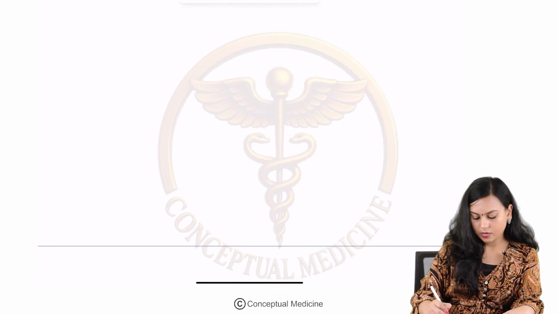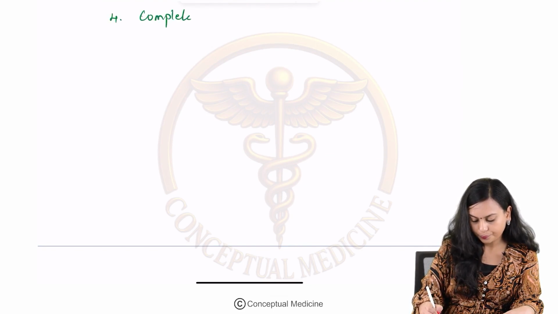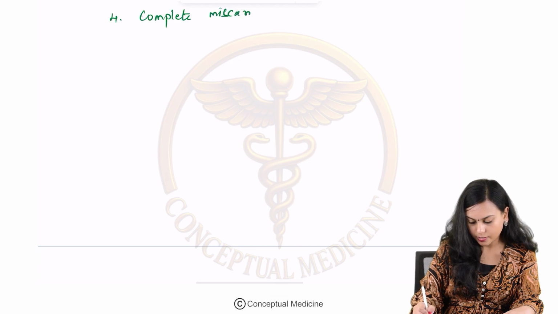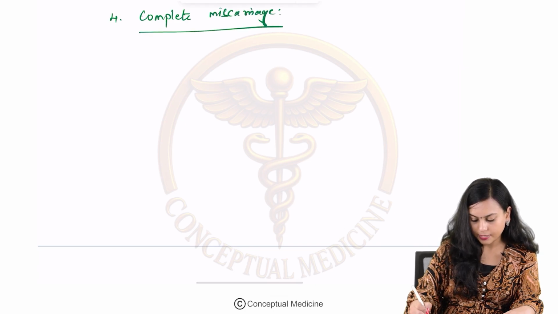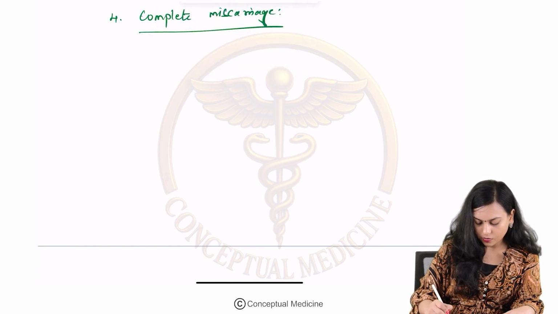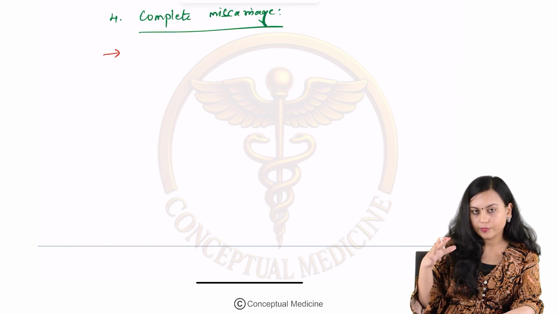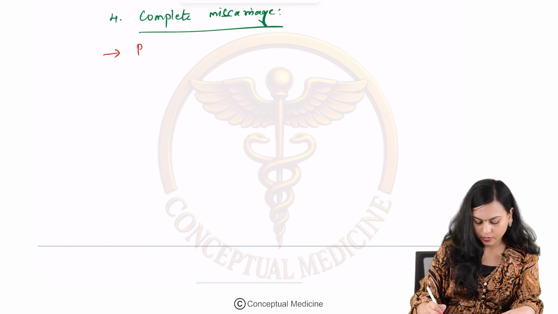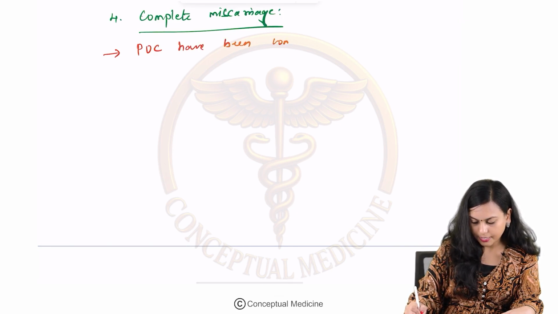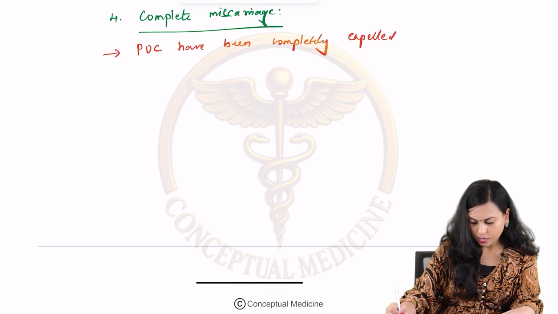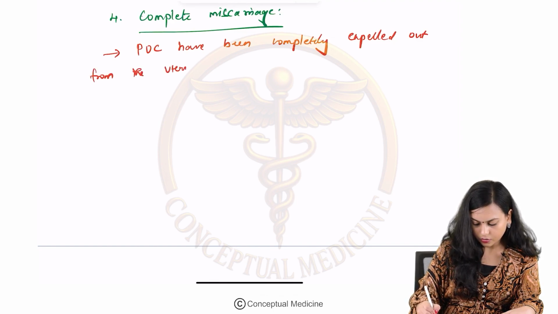And the next type of miscarriage is a complete miscarriage. So far from our discussion, I hope you would have understood what a complete miscarriage is, right? So, products of conception have been completely expelled out from the uterine cavity.